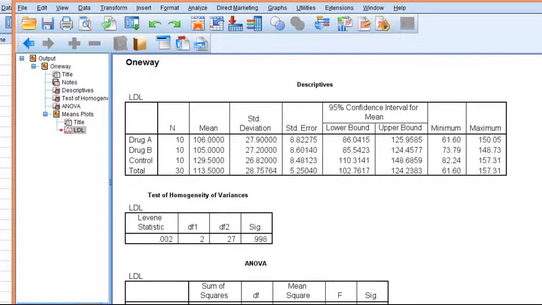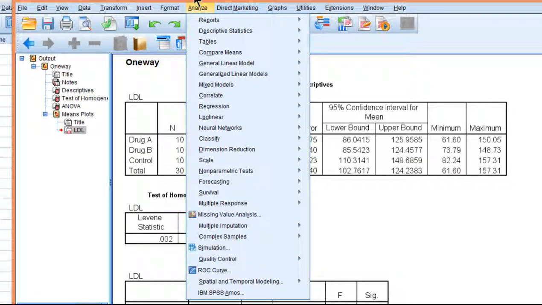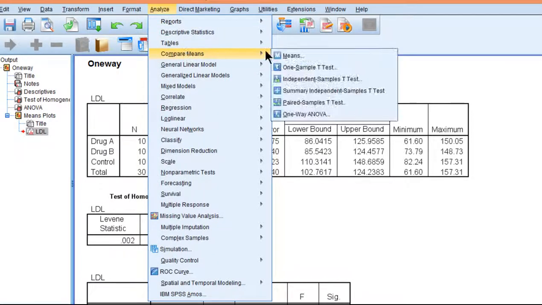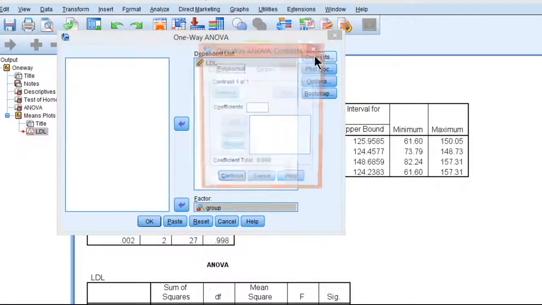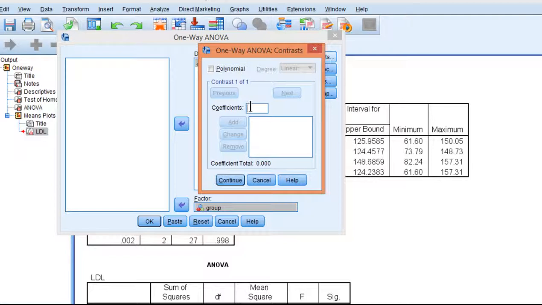So to conduct the analysis I did in the textbook, you can go into Analyze, Compare Means, One-Way ANOVA, and you've got the dependent variable in the dependent list and the independent variable in the factor list, and click on Contrast. And in this case, I need to specify coefficients that reflect the hypothesis that the treatment groups are going to have a lower cholesterol level mean, because we would hypothesize that the drug actually works at reducing cholesterol levels.